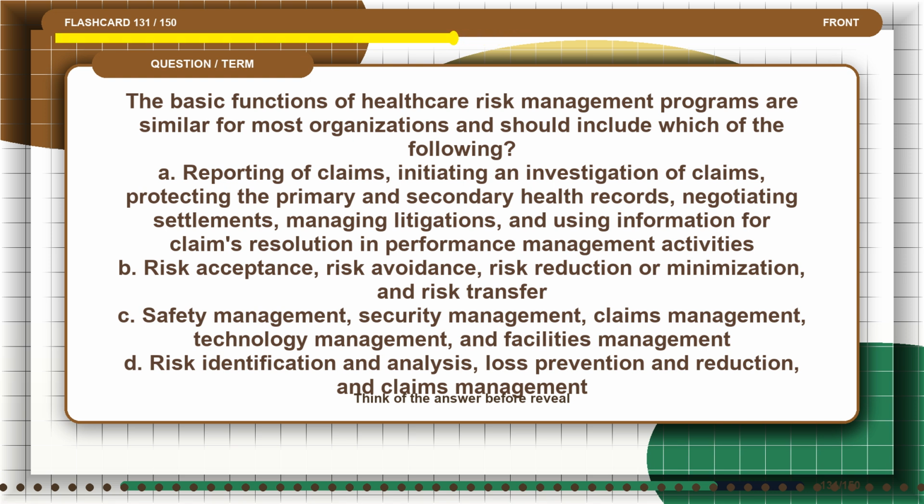B. Risk acceptance, risk avoidance, risk reduction or minimization, and risk transfer. C. Safety management, security management, claims management, technology management, and facilities management. D. Risk identification and analysis, loss prevention and reduction, and claims management. Think of the answer before the reveal.